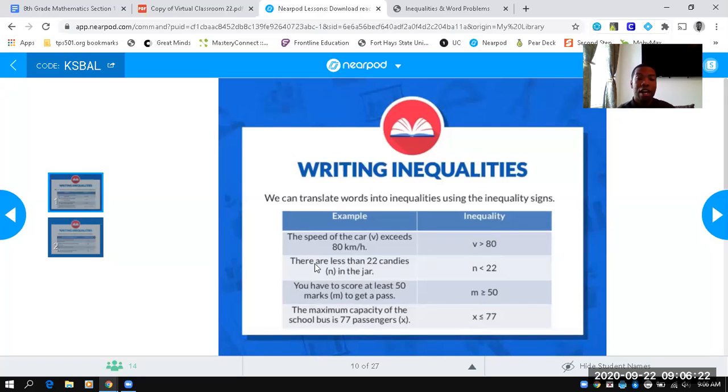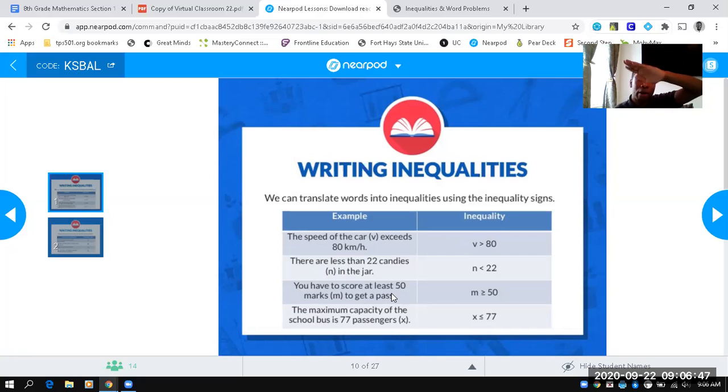All right. The next example says there are less than 22 candies, which they refer to as N, in the jar. So N is less than 22. The next one says you have to score at least 50 marks to get a pass. So at least means I could also equal 50, but I have to get more than 50.